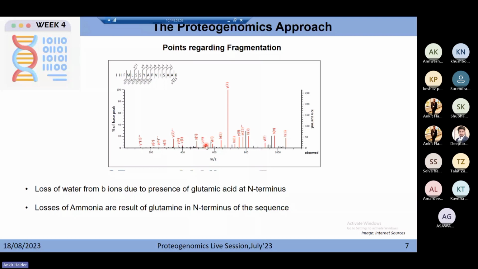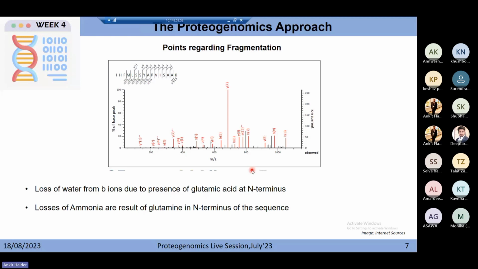Otherwise, you can also interpret the spectra manually. Once you have it, you look at the pairs and see which ones are equidistant; those are your Y ions and those are the B ions. Then if two are 28 Dalton apart, those are your A ion and B ion.